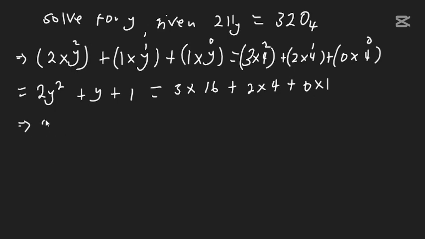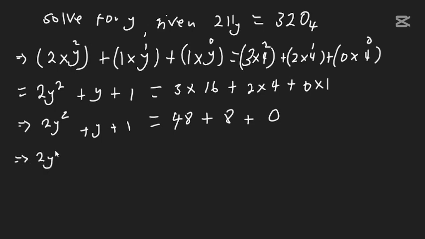So this gives us 2y exponent 2 plus y plus 1 equal to 3 multiplied by 16 is 48 plus 2 multiplied by 4 is 8 plus 0 multiplied by 1 is 0. So this gives us 2y squared plus y plus 1 equal to 48 plus 8 plus 0 is 56.